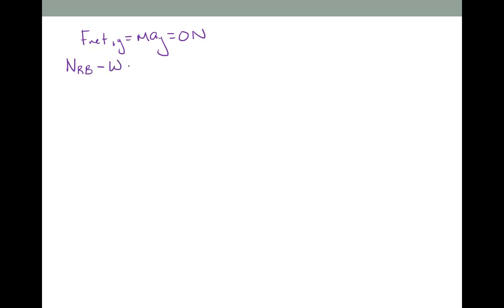The other piece I have is the y component of the weight. That has to equal 0. Which tells me the normal from the ramp on the block has to equal W_By, which is W_B cosine of theta, or in other words, mg times the cosine of theta.